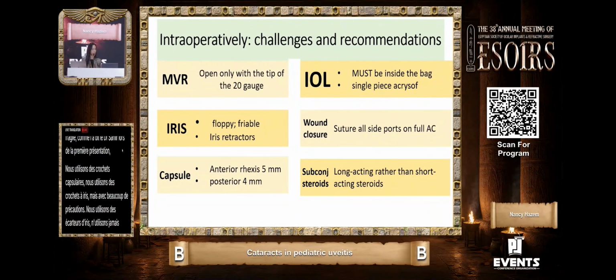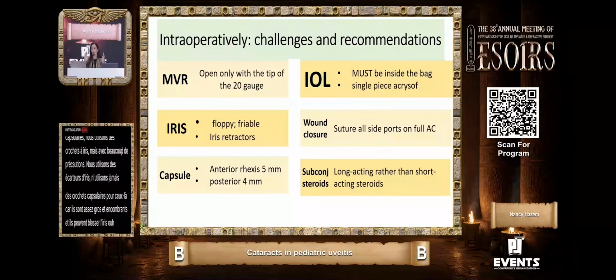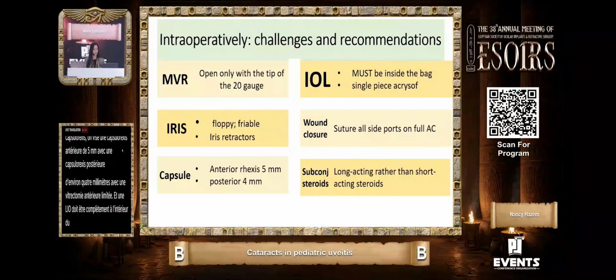As regards the capsule, when we do the capsulorhexis, we aim at an anterior capsulorhexis of 5 millimeters with a posterior capsulorhexis of about 4 millimeters with a limited anterior vitrectomy. An IOL must be completely inside the bag, preferably a single piece IOL, as a 3-piece can be quite harsh on the capsule, especially if the capsule is quite fibrotic.